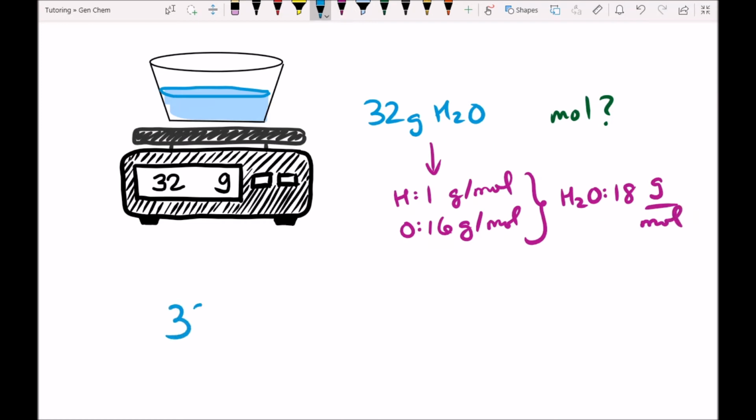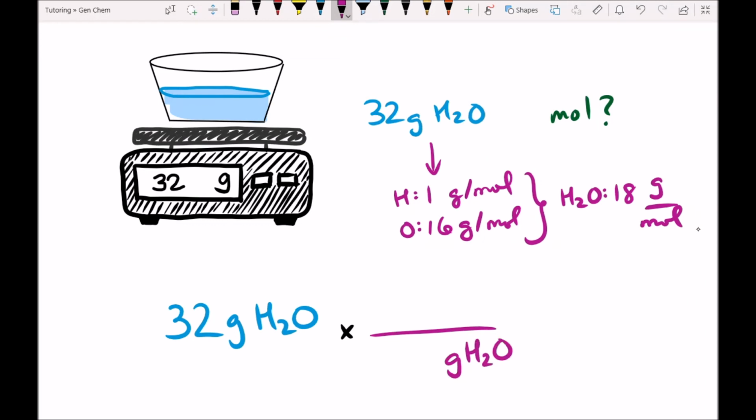So 32 grams of water multiplied by our conversion factor, and we want grams H2O in the denominator because we want grams H2O to cancel out and leave us with moles H2O. And of course, 1 mole of water has 18 grams in it.